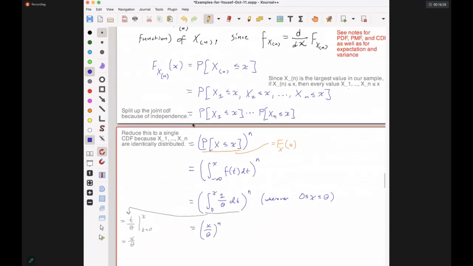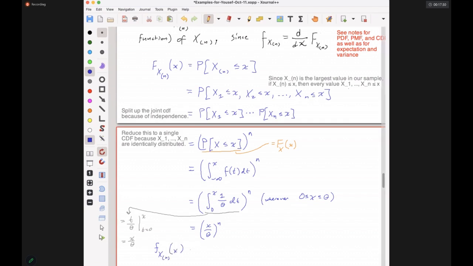And this is our CDF for x parentheses n. What we want is the density function so that we can evaluate this, so that we can compute the expectation. So we're looking for the density for x parentheses n.